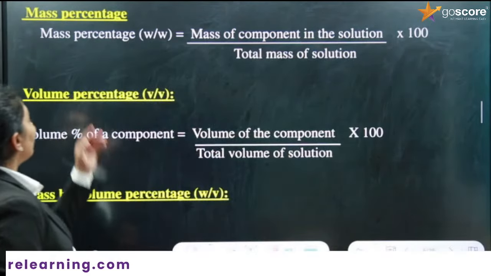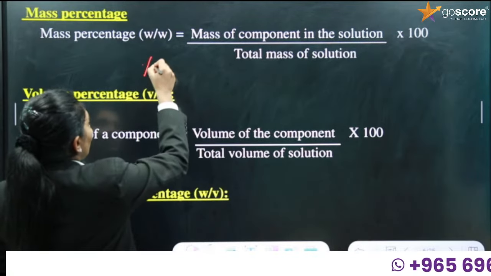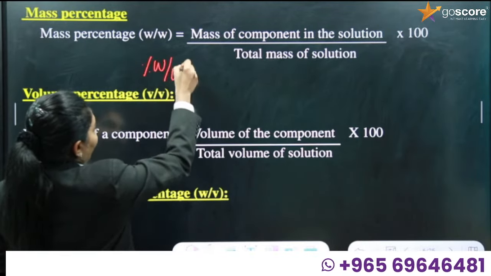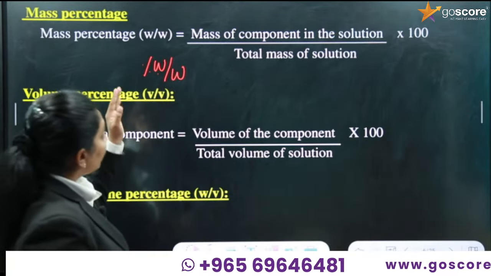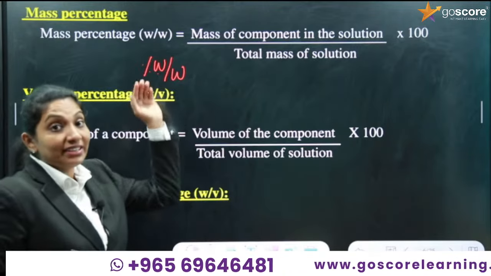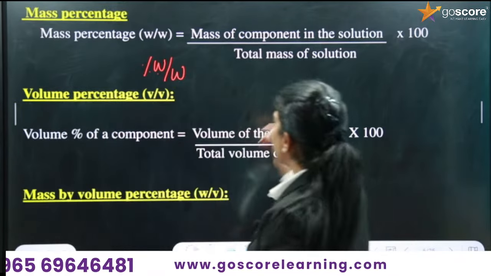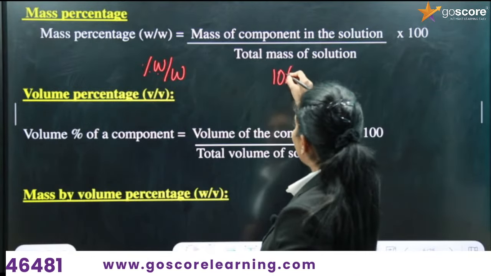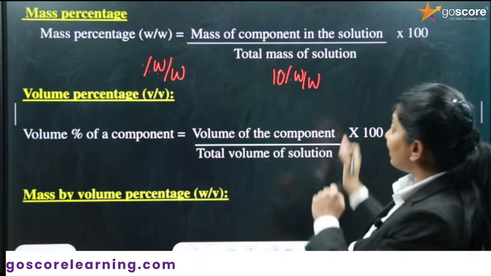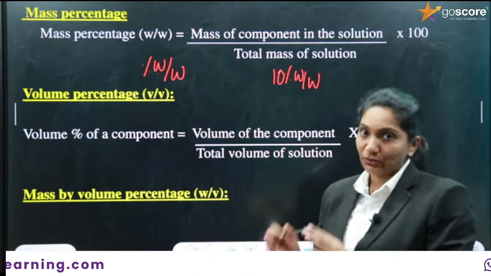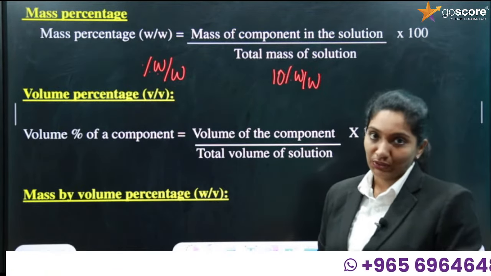The first one is the mass percentage. Mass percentage means the percentage weight by weight. That is the weight or the mass of the particular component of the solution divided by total mass of the solution. That means if you are saying 10 percentage weight by weight of a solution, that means the 10 gram of solute is made up into 100 gram of the solution.